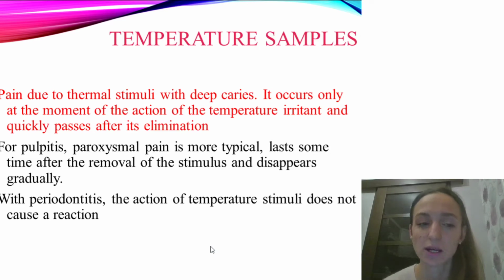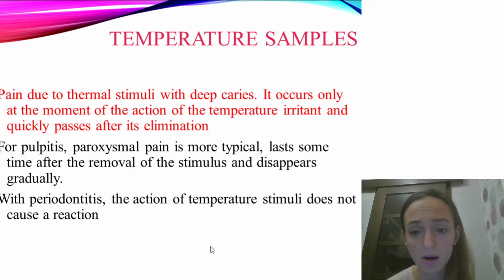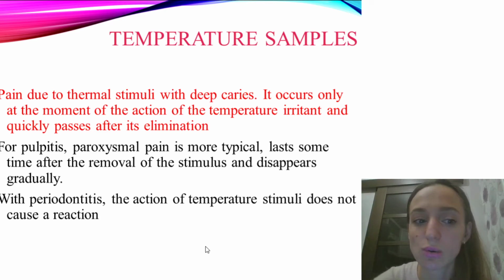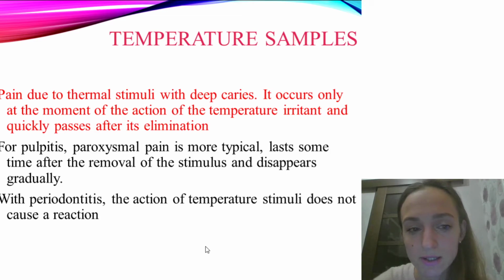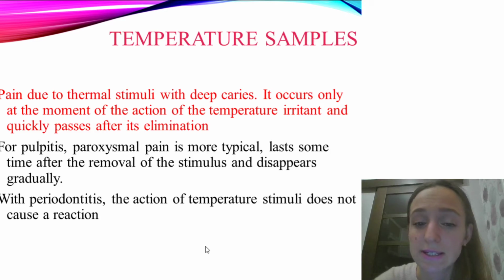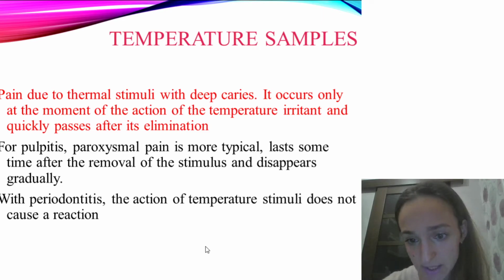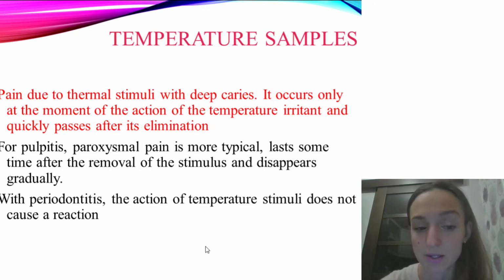Temperature sense: it is pain due to thermal stimuli. With deep caries, it occurs only at the moment of the action of the temperature irritant and quickly passes after its elimination. For pulpitis, paroxysmal pain is more typical, and it lasts some time after the removal of the stimulus and disappears gradually.